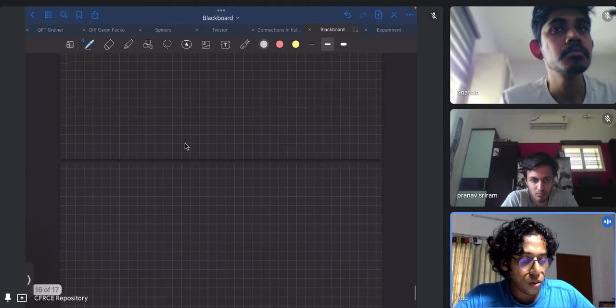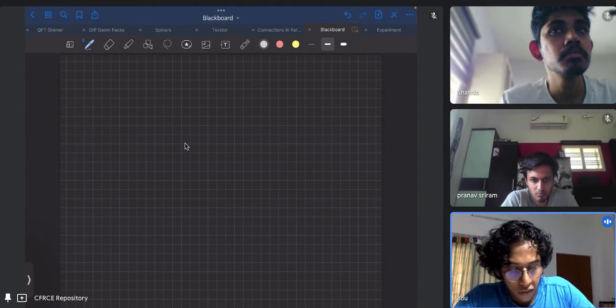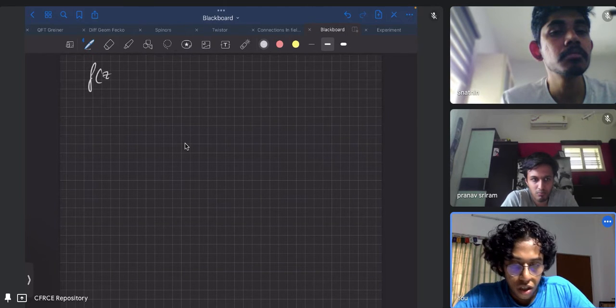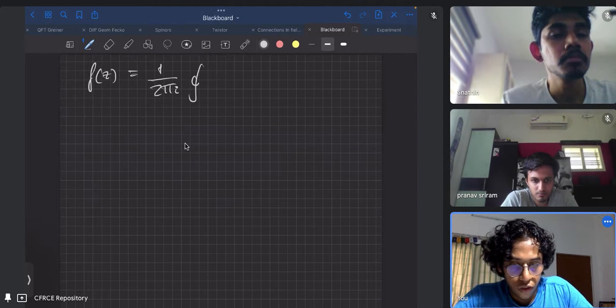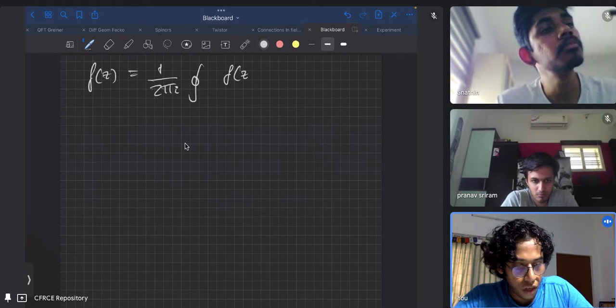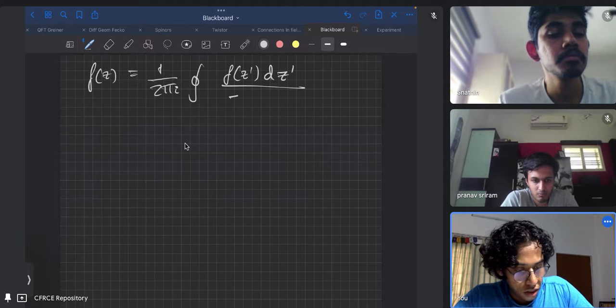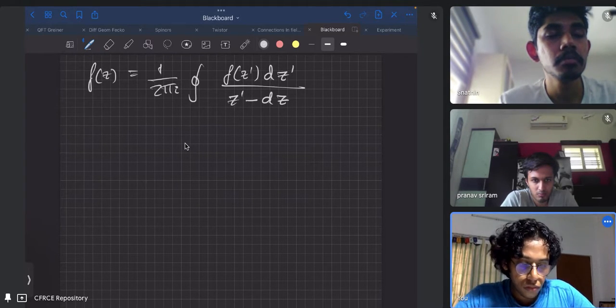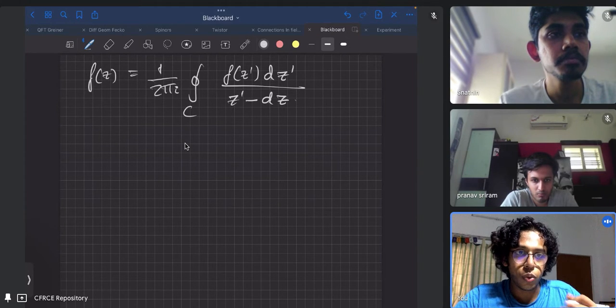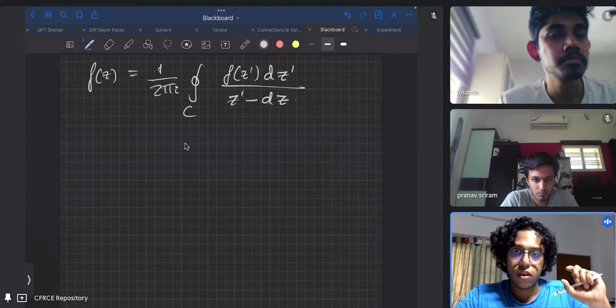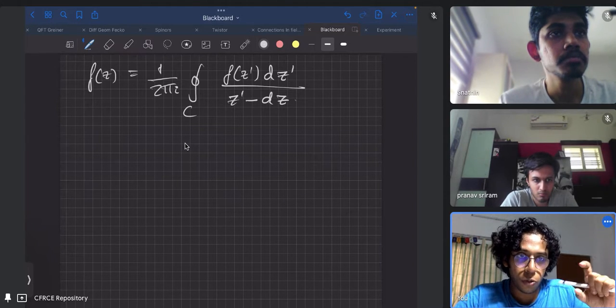Now we have f of z is equal to 1 by 2 pi i integral of f of z prime by z prime minus z, dz prime. Note that we have completely switched the notion of what is a function and what is a fixed point here.